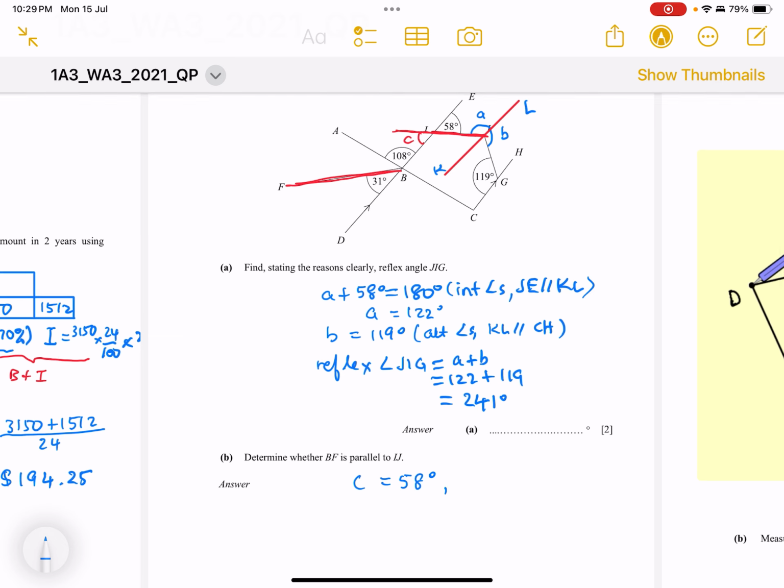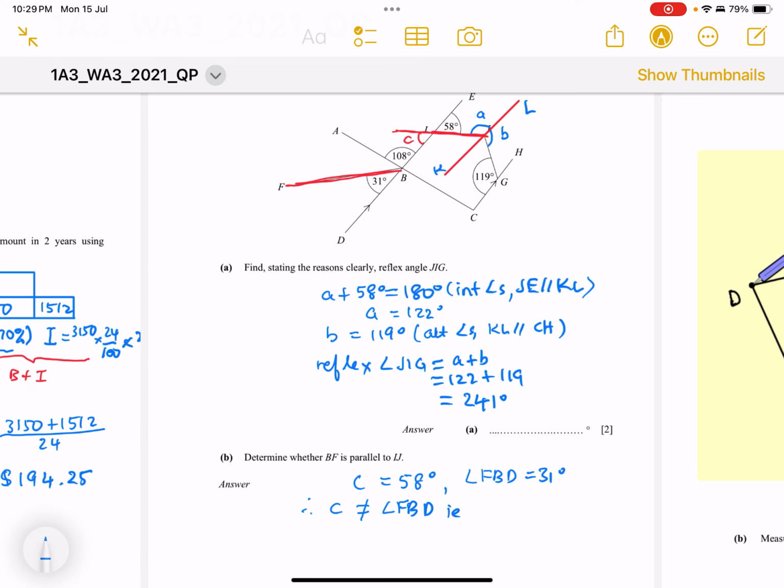But we know that the angle FBD is 31 degrees. Therefore, this angle is not equal to FBD.